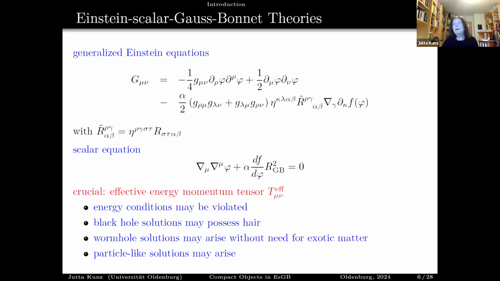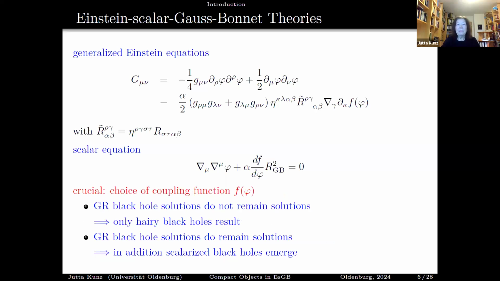And it allows for black holes with hair, so no-hair theorems don't hold anymore. We can have all kinds of funny solutions, like wormhole solutions, which don't need any exotic matter, or particle-like solutions. Interesting new stuff arises which we don't have in general relativity.